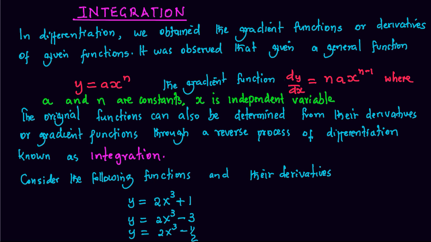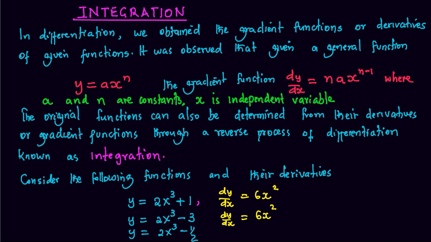Let us consider the following functions and their derivatives. The first function, the derivative will be dy over dx is equal to 6x squared. The second one, derivative will be dy over dx is also equal to 6x squared.